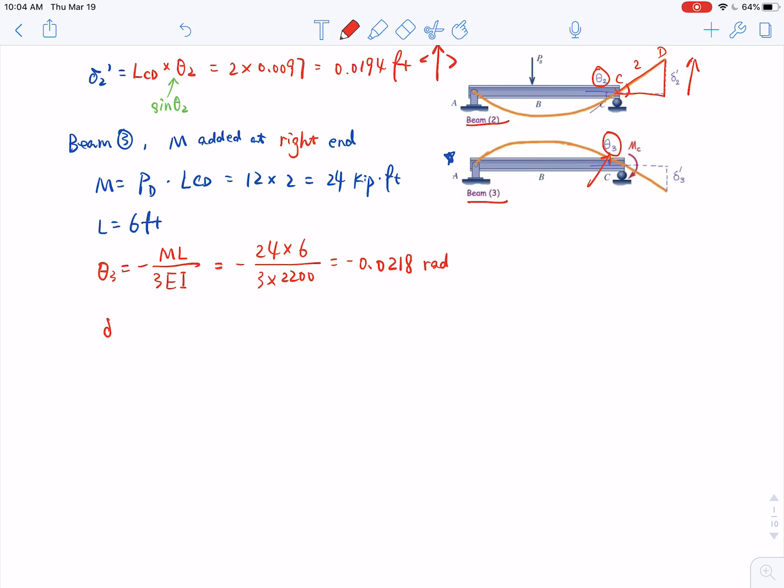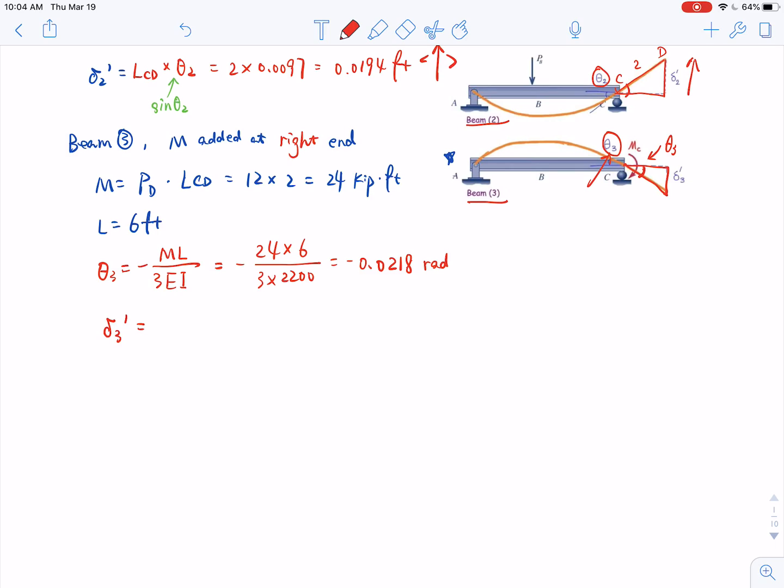So then the delta 3 prime will be calculated. Here we're looking at this triangle. Okay, this triangle, and here the theta 3 has been calculated, and that equals this angle here. This is also theta 3.